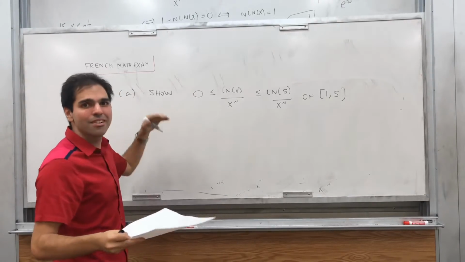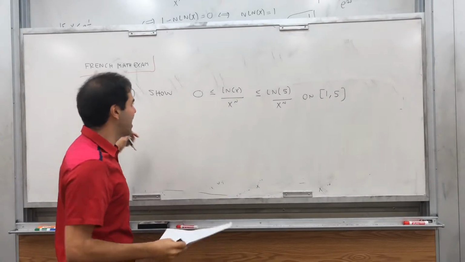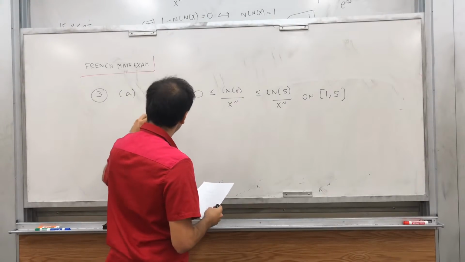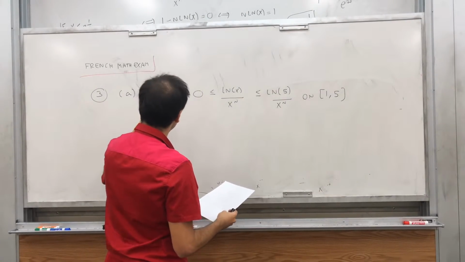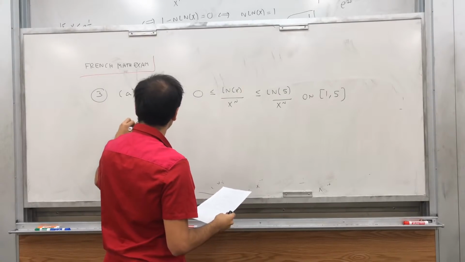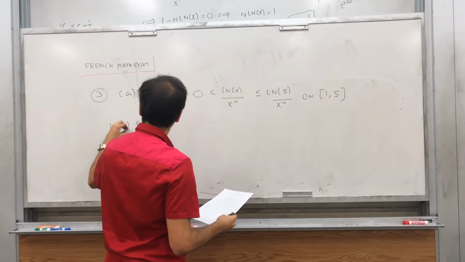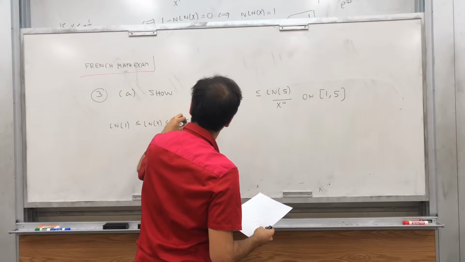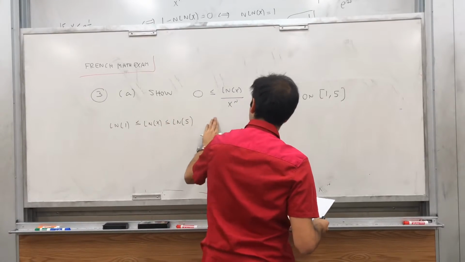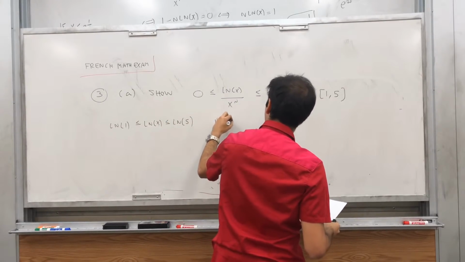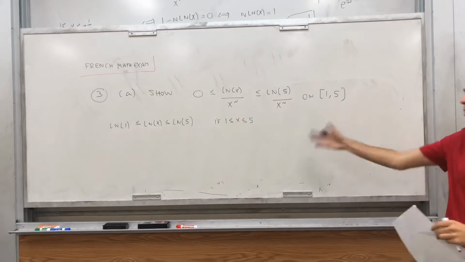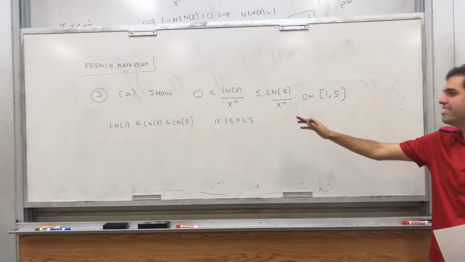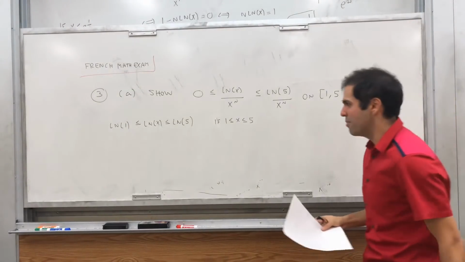It's kind of standard because lots of people know calculus. So how do we do this? Well, let's start on the interval [1, 5]. We know that ln of x is increasing. So if x is between 1 and 5, ln of x is between ln of 1 and ln of 5, because ln is increasing on the interval [1, 5].